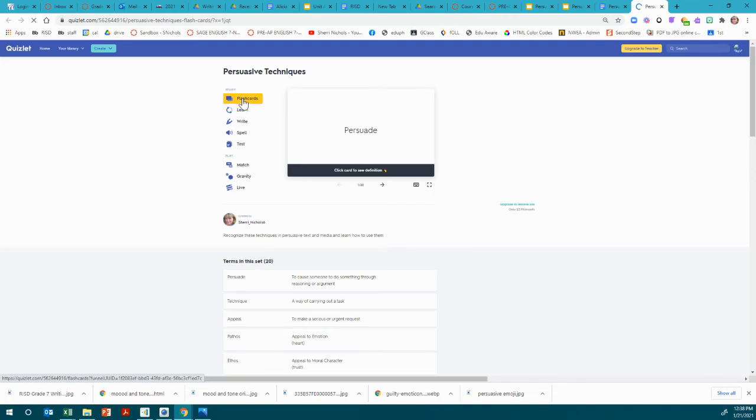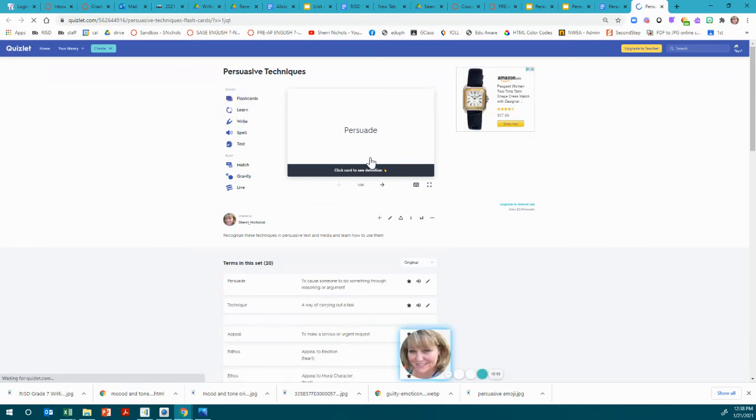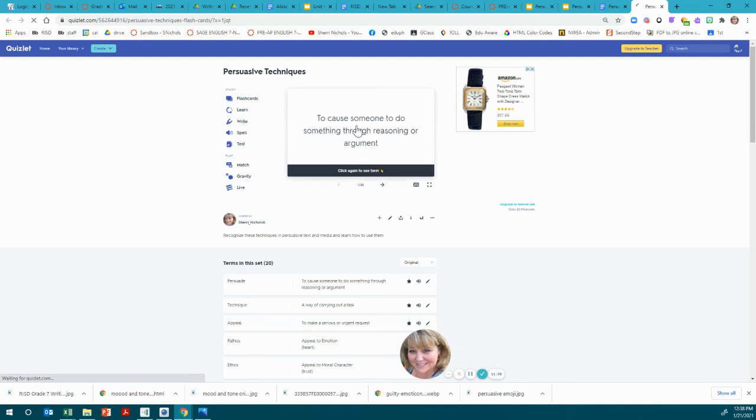I'm sure you've used Quizlet some this year, but if you're using the flashcards, persuade, you can ask yourself, what does persuade mean? And you might think to yourself, persuade is when you're trying to get someone to do something. Click it. So if you click it, it'll tell you to cause someone to do something through reasoning or argument. So that's it. And then you would move on to the next one, technique. So what does a technique mean?